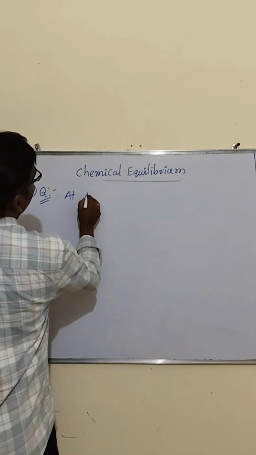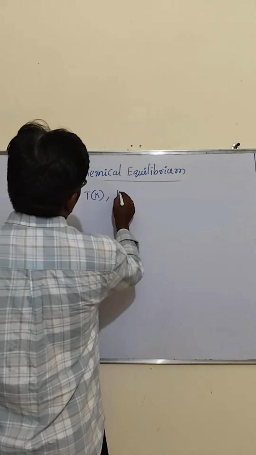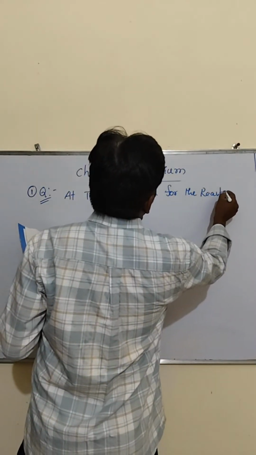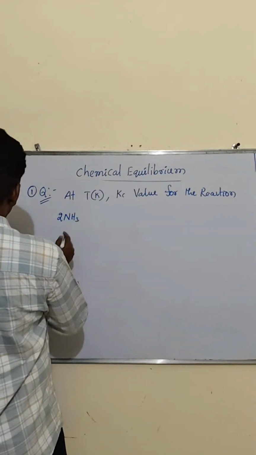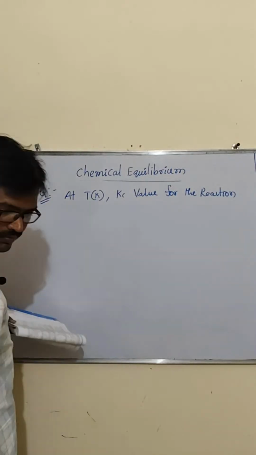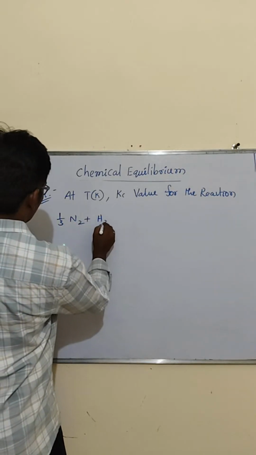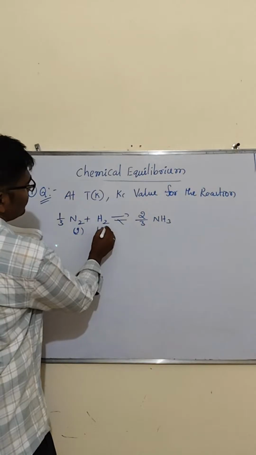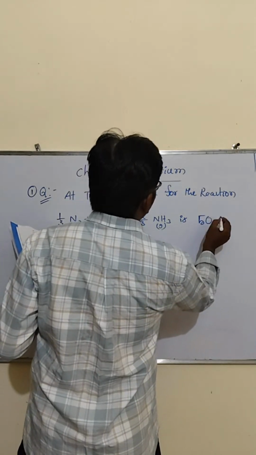At T kelvin, Kc value for the reaction 1 by 3 into N2 plus H2 gives rise to 2 by 3 into NH3, all mentioned as gases here, is 50.